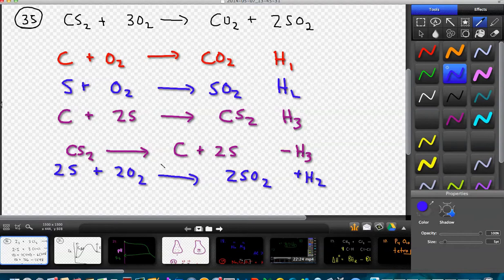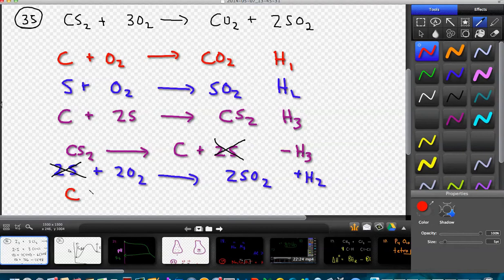Finally, I don't need carbon or sulfur in this equation. And so we can cancel out the sulfur, because if it's a product and if it's a reactant, you got the same amounts like any mathematical equation, they drop out. But it looks to me like we need equation 1 just as it is, because I need 1 mole of CO2, I need another oxygen, I need to get rid of the carbon.